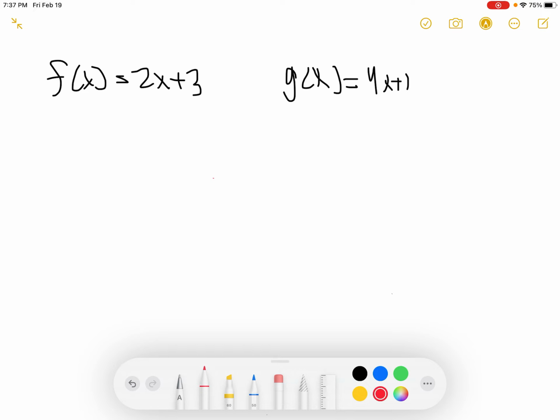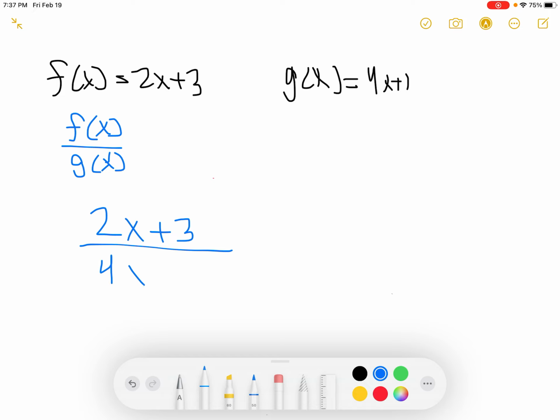Now we have division. So what happens if it's division? So let's say we had f of x divided by g of x. And sorry that I said fx, I meant f of x. That's how you actually say it. So now we just substitute in. So we have 2x plus 3 divided by 4x plus 1. Really, this isn't that hard.